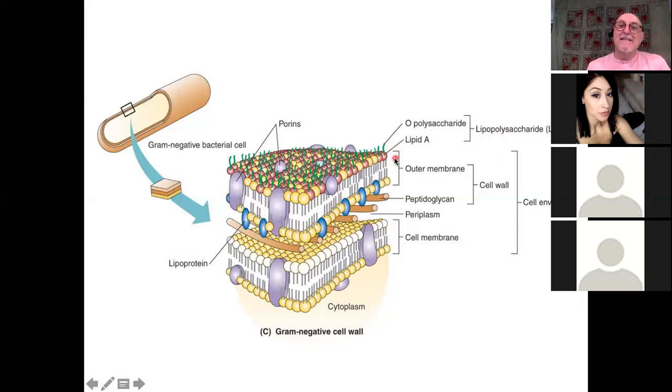Lipopolysaccharides have saccharides attached to the lipid group, where before we just had the phosphates. Now you actually have polysaccharides, sugar units attached to the outside. This is especially true in this outer leaflet. But otherwise, it's still a bilayer.